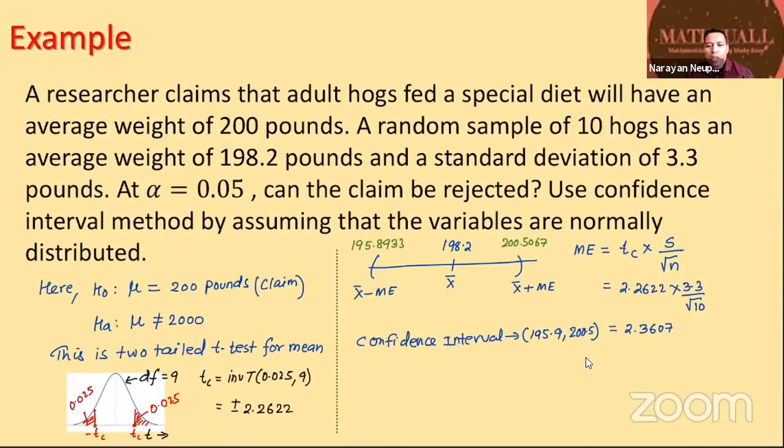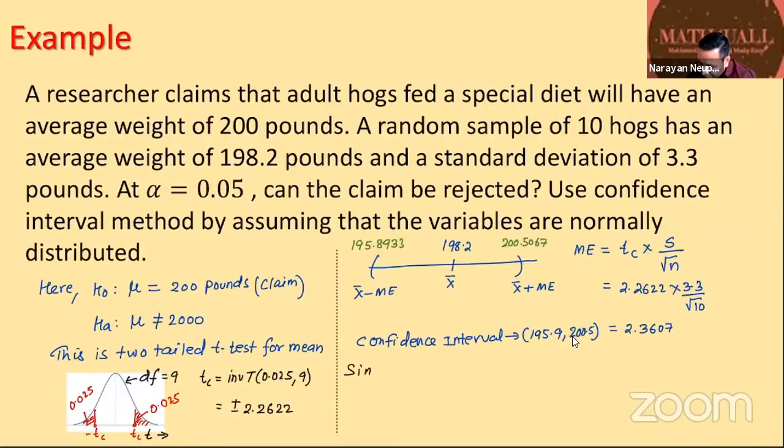Now we have to check whether our claim lies in this confidence interval or not. The hypothesized mean, the claim here, is mean equal to 200 pounds, and it lies in that interval. If it lies in that interval, we accept the null hypothesis. So let's write that sentence now.